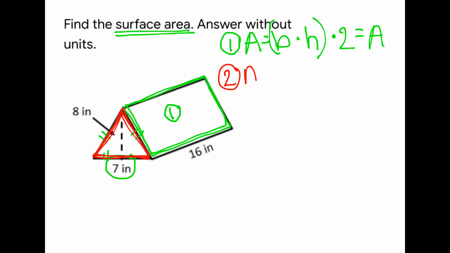An area of a triangle equals our base times our height divided by 2. We can see our base, and this dotted line is our height. Then you have to divide that by 2 because a triangle is half of a rectangle. I will give you a minute to find the area of the front of the tent.